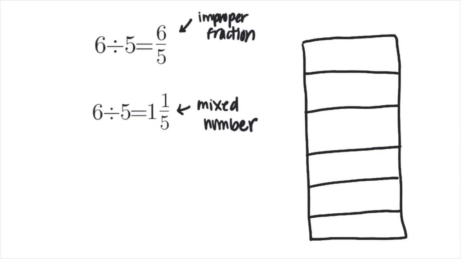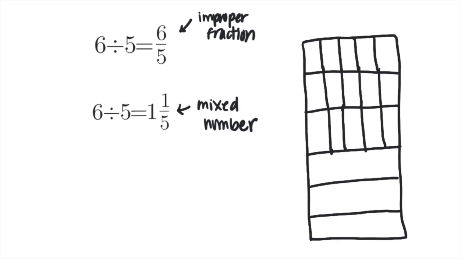So that means that every single brownie I am going to break into 5 pieces. 1, 2, 3, 4, 5, and then I'll do that for all of the brownies. 5 pieces, right?